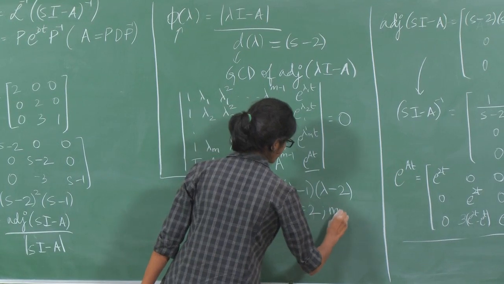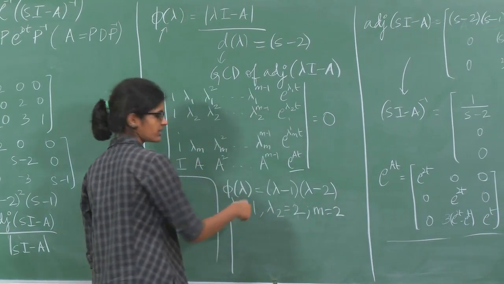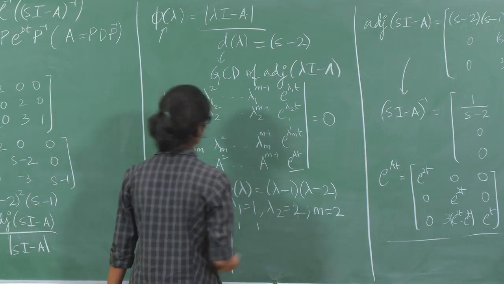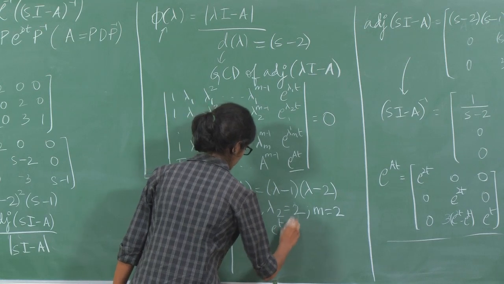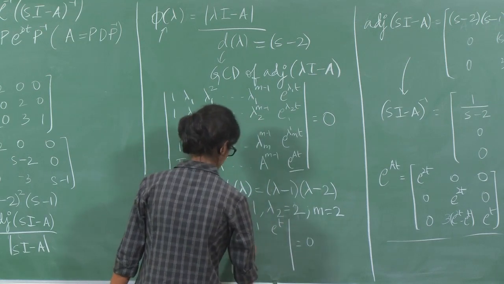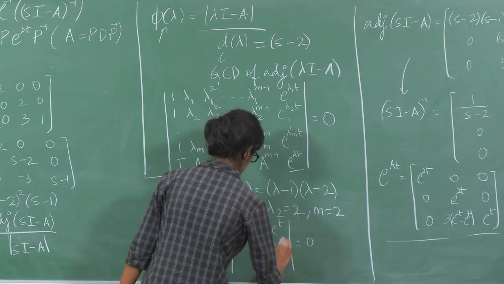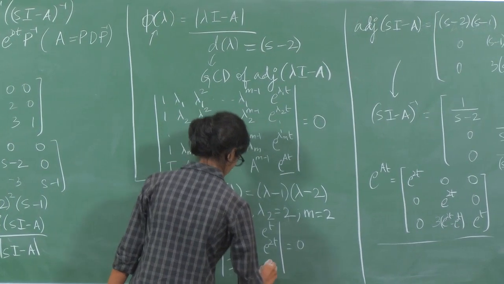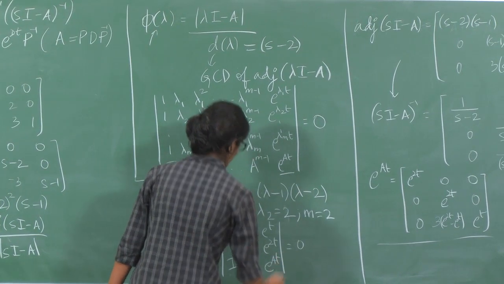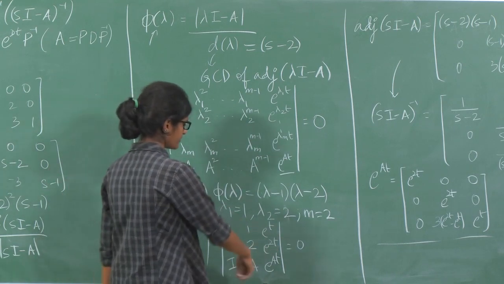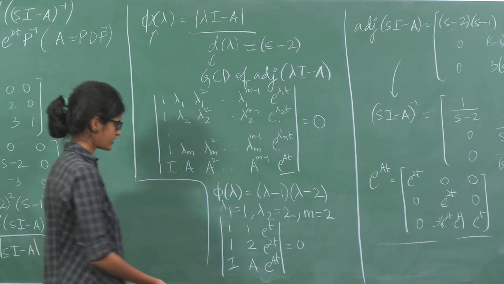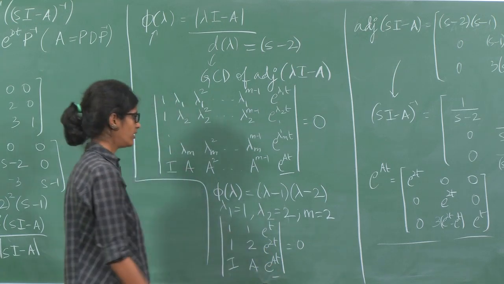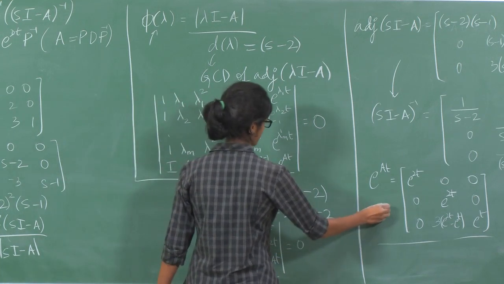Here your m equals 2 because phi of lambda is of order 2. So you can solve this determinant equation the way you usually solve for determinants and get e power At in terms of A and these exponentials. You can cross check that you get the same answer as this.